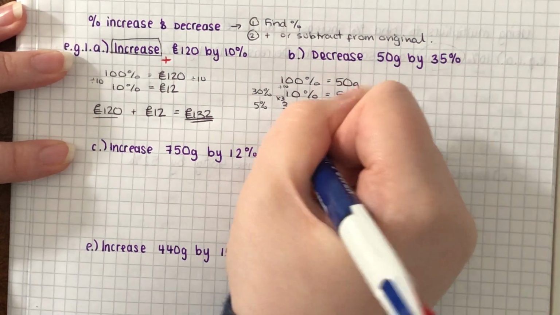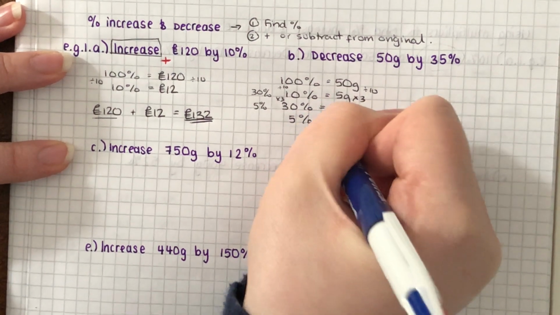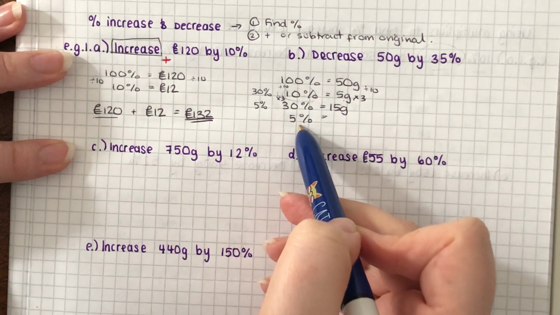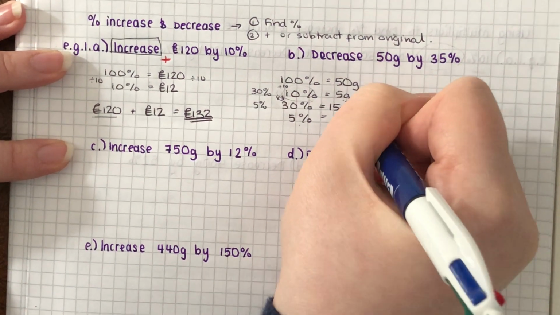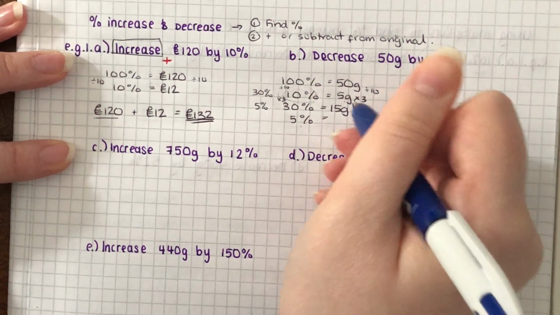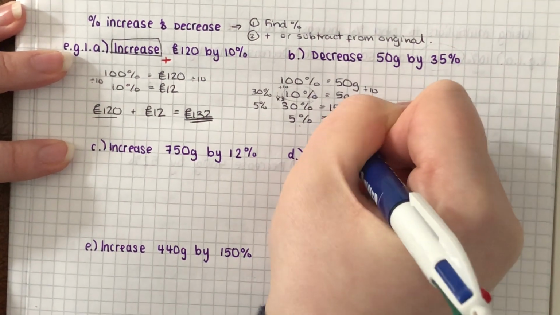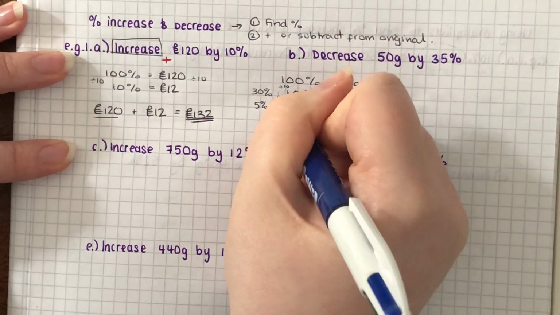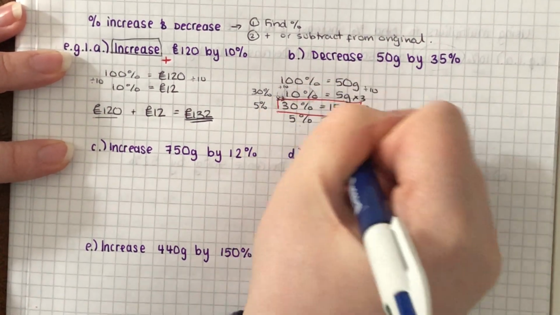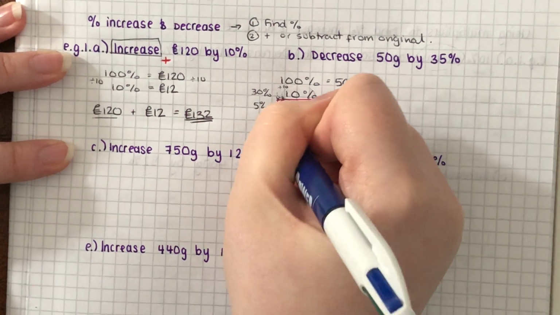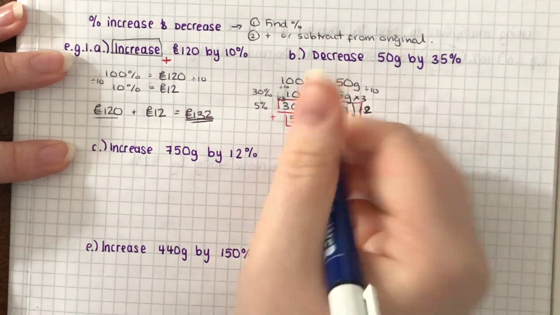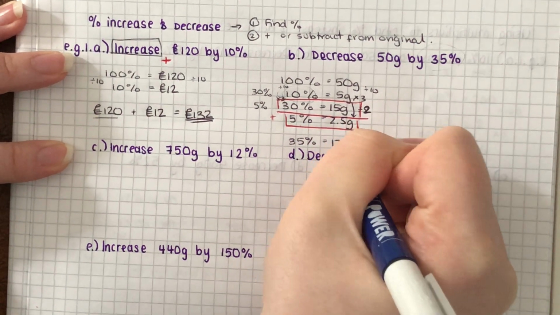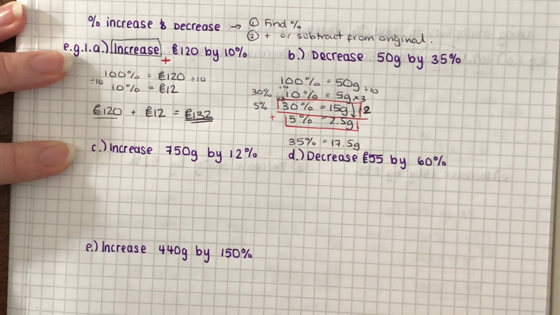Okay, we also need a 5, so we know that the 10% was 5 grams, so we can actually just divide the 10 by 2 to get 5, which means that we'll divide this 5 grams by 2, which is 2.5 grams. So we want the 30% and the 5%. So if we add those together, we'll get 35%, which would be 17.5 grams.